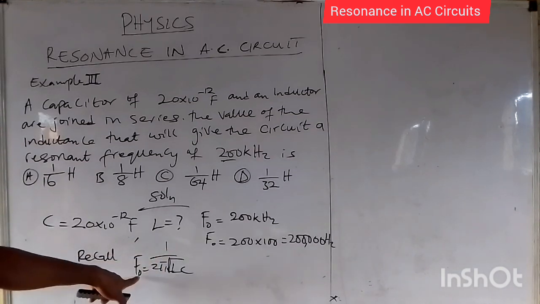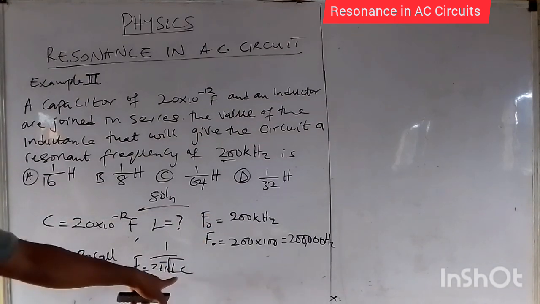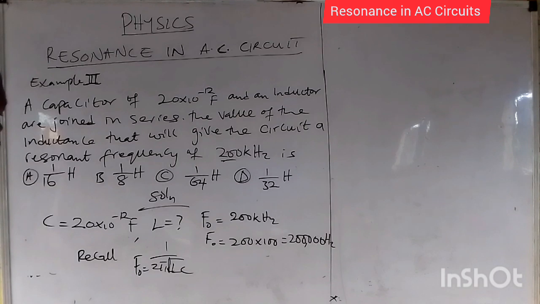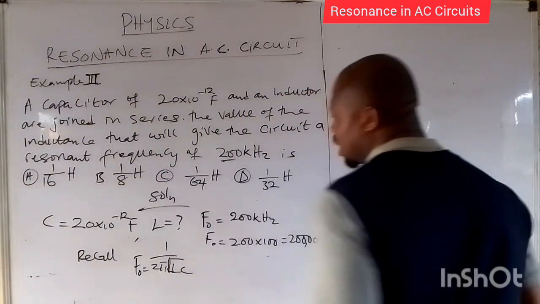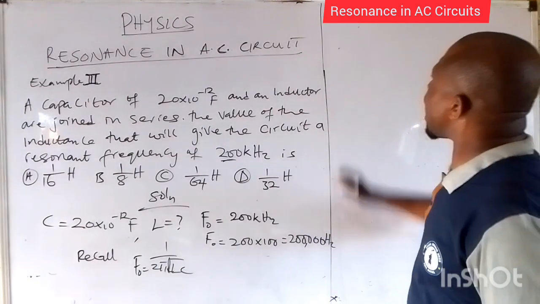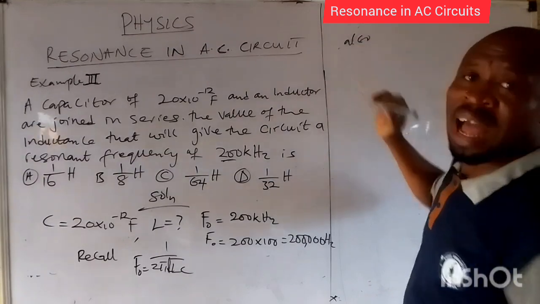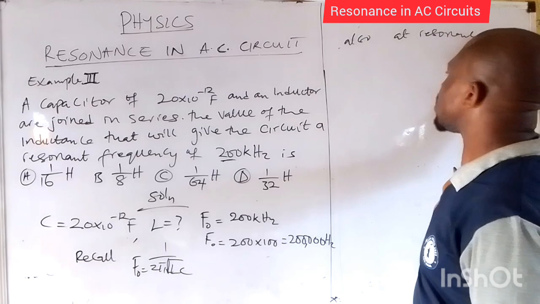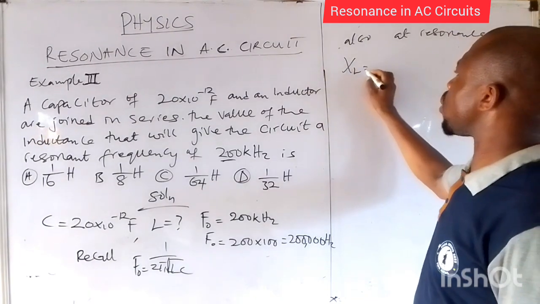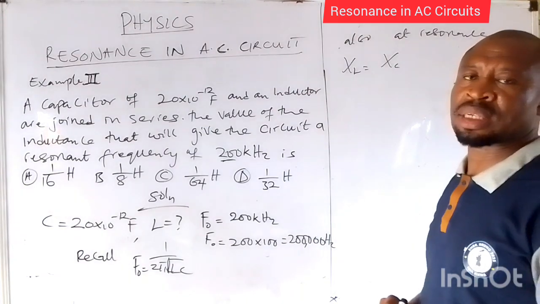Now, they said the resonance frequency is given, so what is the inductance of the inductor that will give this resonance frequency? Okay, we said also that at resonance, XL is equal to XC.